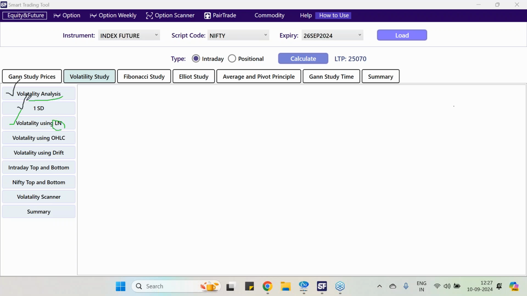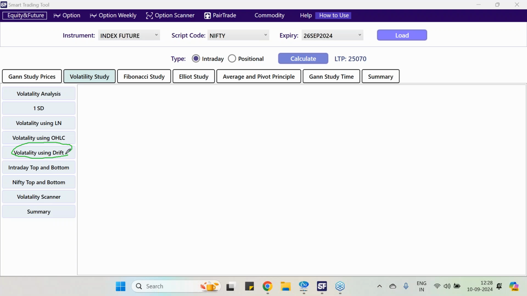This volatility analysis is just a random volatility estimate based on the data points. Then there is volatility using the open, high, low, close data. Then we are normalizing all data and finding out the drift. So these are what is available in this.